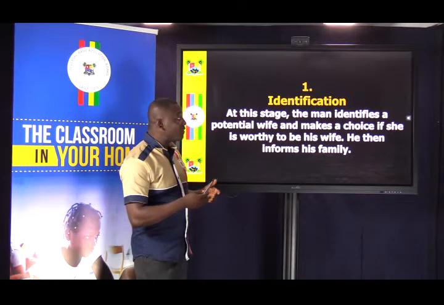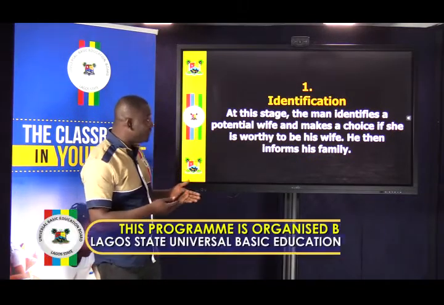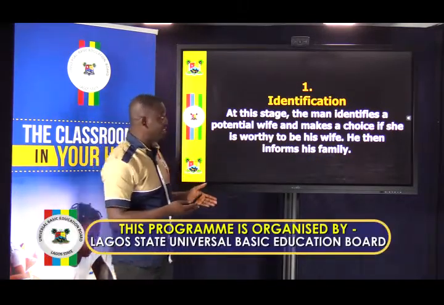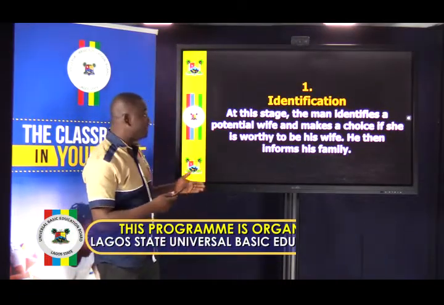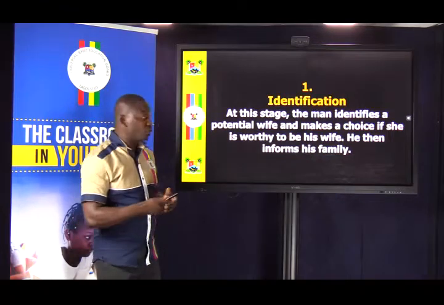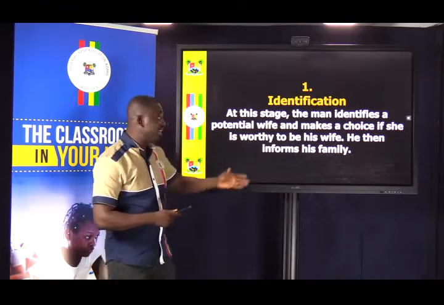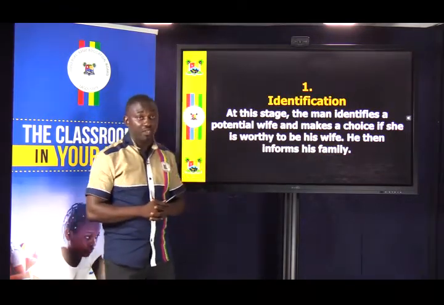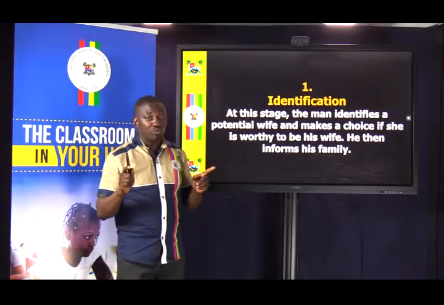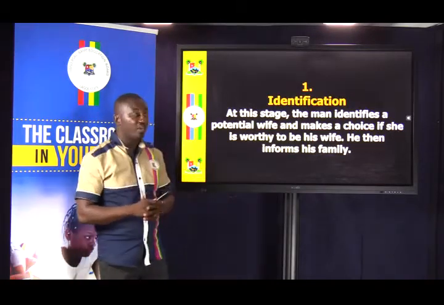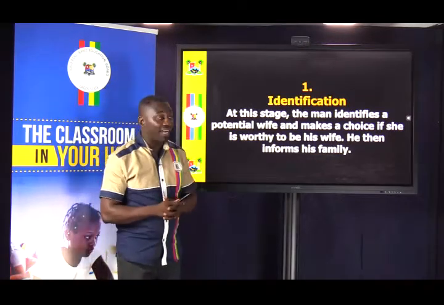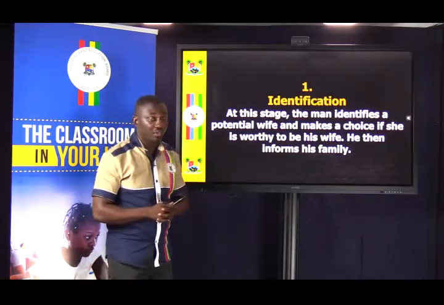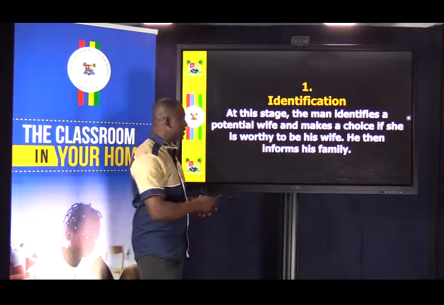And the man will now have to make a choice if this woman that he is looking at is worthy to be his wife. Okay? And if the man decides that he wants this woman to be his wife, then he informs his family. Okay? He is not going to approach the woman, but he will inform his family that, Dad, Mom, I've seen a woman that I think I would want to marry. Okay? Identification, that's the first stage.